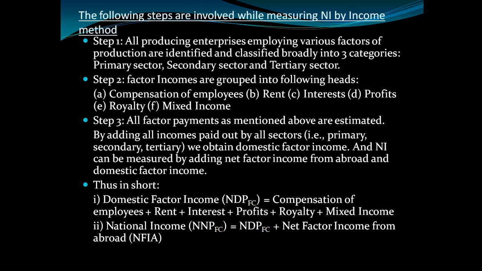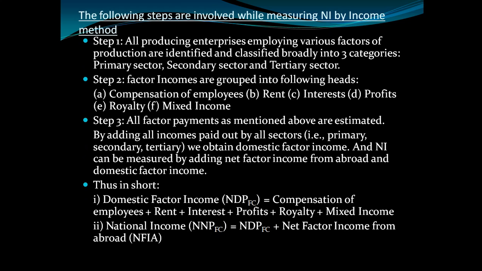Now the following steps we have to go through for national income accounting by the income method are: step 1. All producing enterprises employing various factors of production are identified and classified broadly into three sectors, that is, primary sector, secondary sector, and the tertiary sector, which we have already told in the previous slide. Step 2.